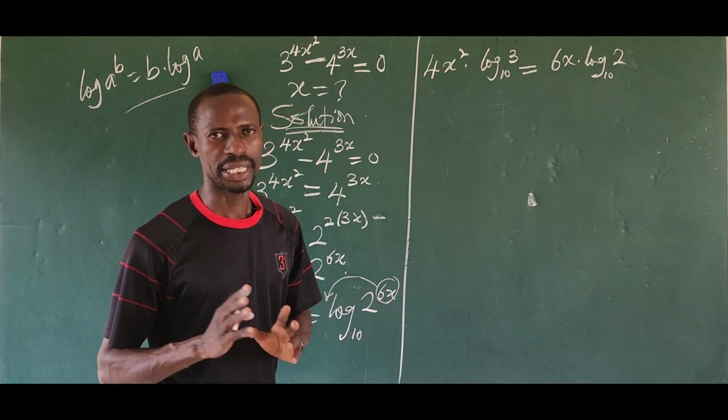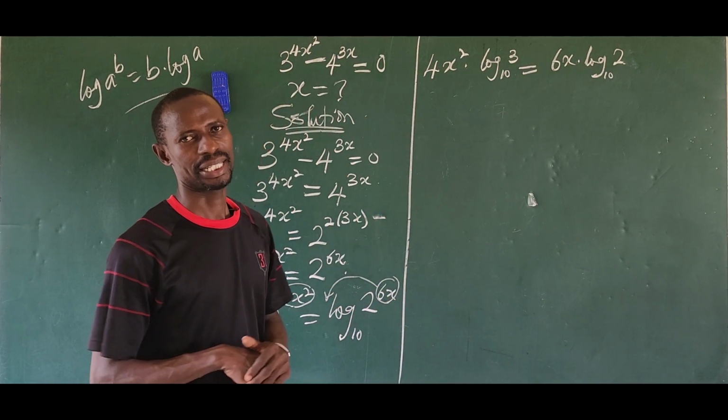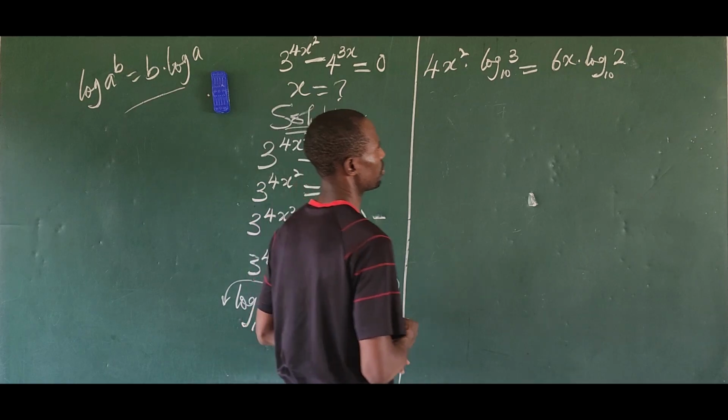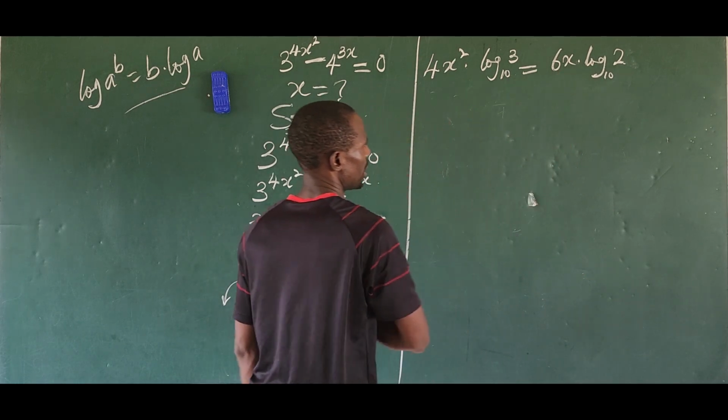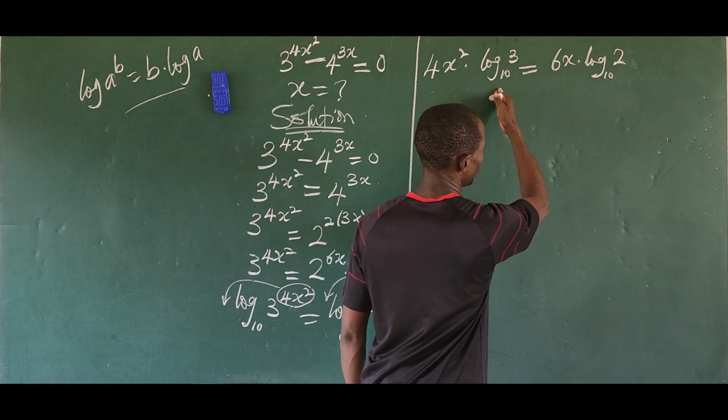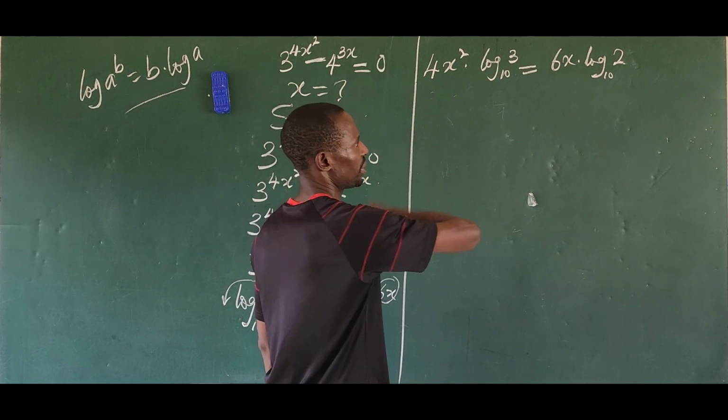We want all the x terms on the left-hand side, so we divide through by 6x and at the same time by log 3, so that all the constant terms will be on the other side.